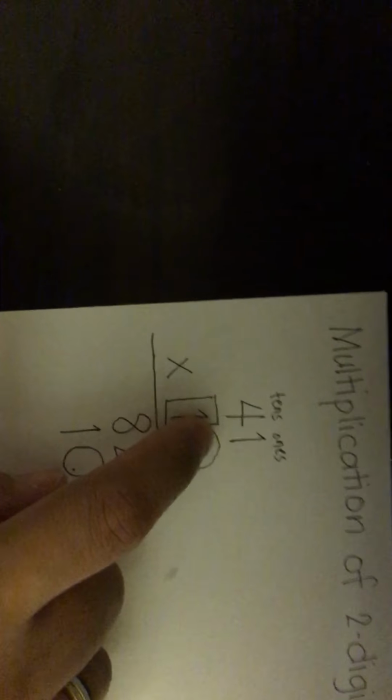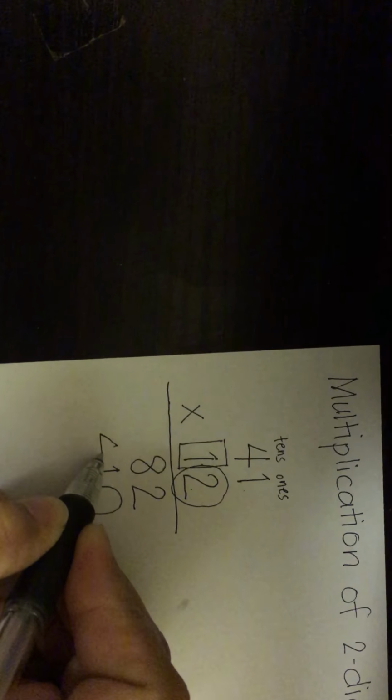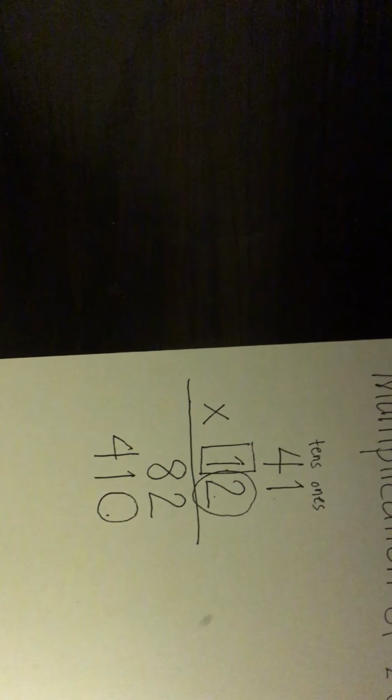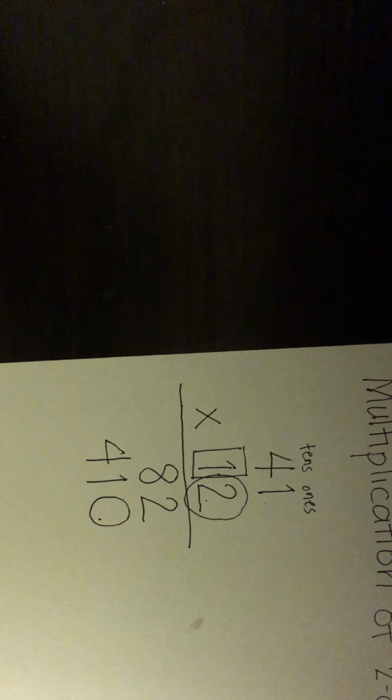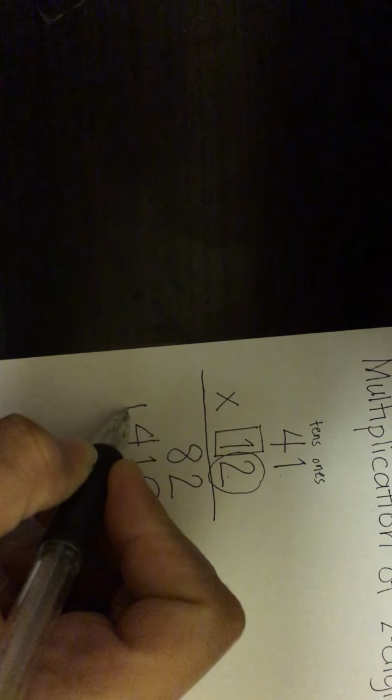Next, 1 multiplied by 4 is 4, so we write 4 beside the 1. Now we are done multiplying 41 by 12, but it's not yet done. We have to do the addition first. We have to add 82 plus 410.